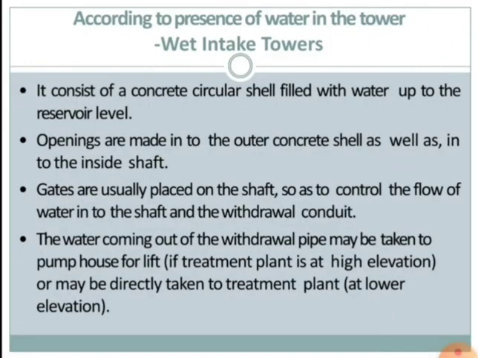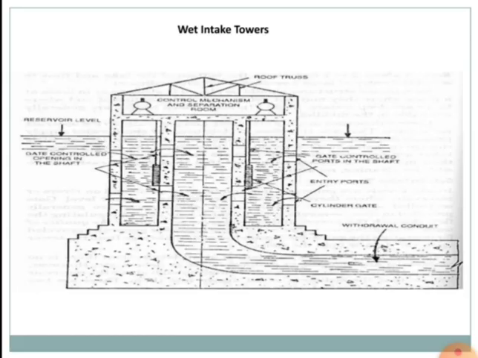Coming to the last classification, based on the presence of water in the tower, we can classify intakes into wet intakes and dry intakes. So what is a wet intake tower? This figure shows a wet intake tower.